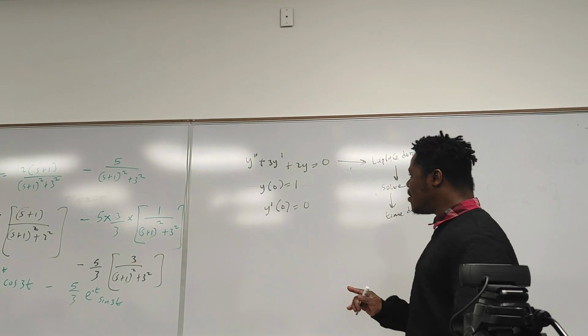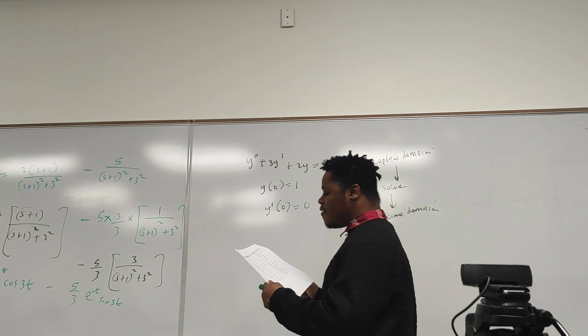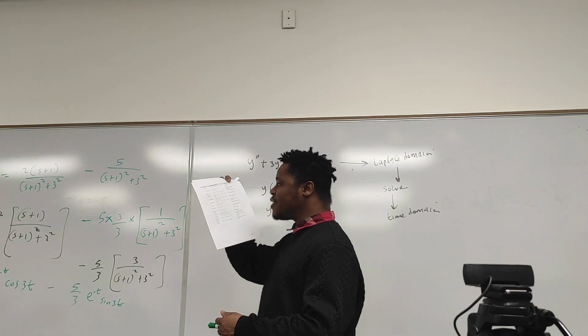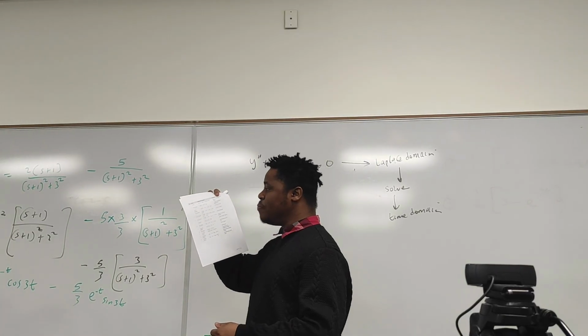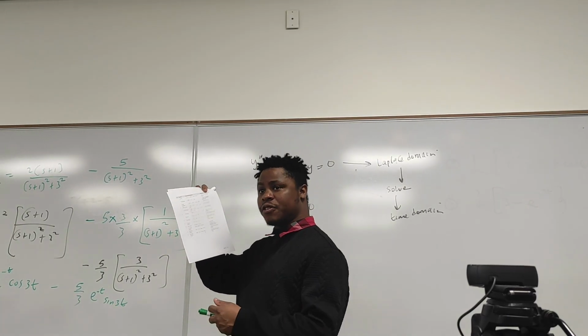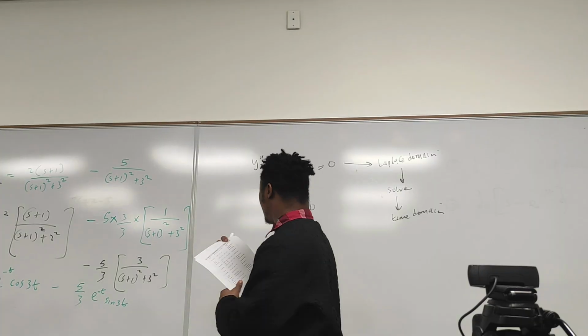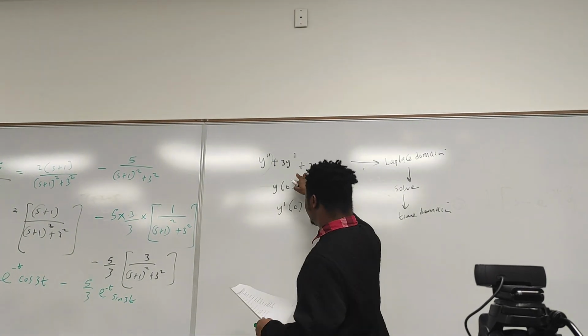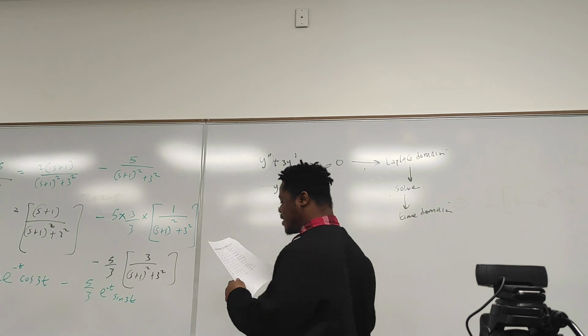Now, the tricky thing is, to convert to the Laplace domain, if you look at page 2 of your workbook, you have the Laplace of a derivative. Both first derivative, second derivative, third, and so on, right? So this is a second derivative, we have the Laplace of it. This one is the first, we have the Laplace. Let me write it down so you see.